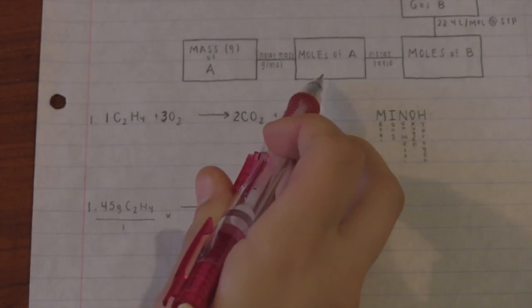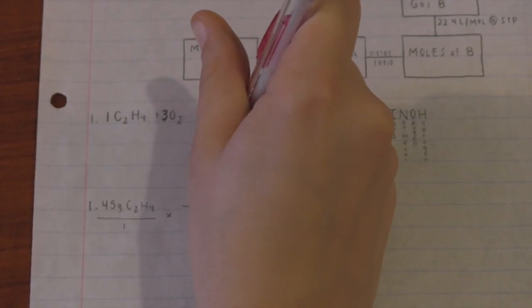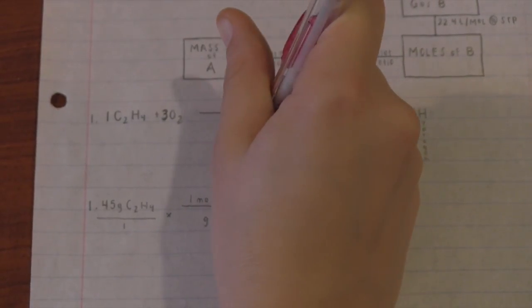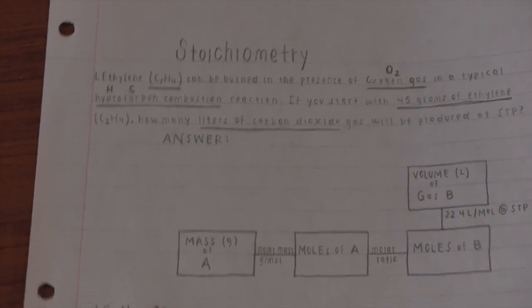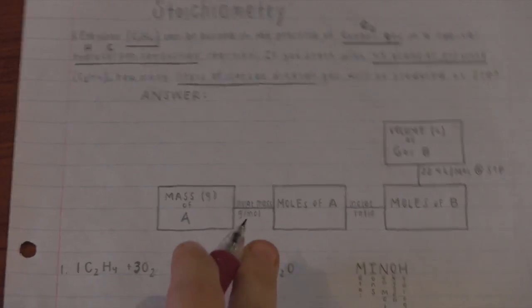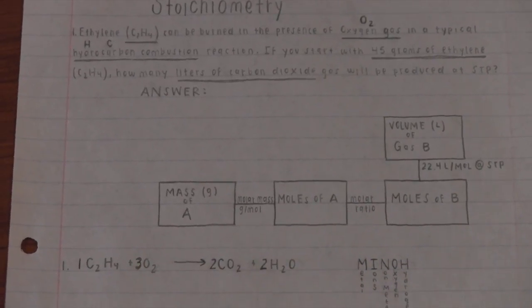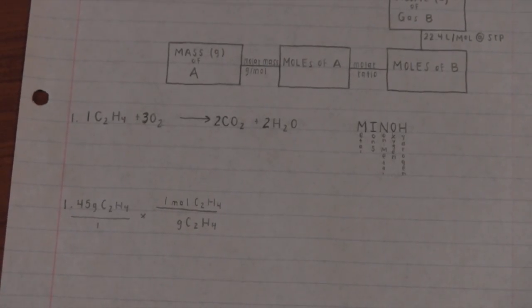And since you need to get to moles, 1 mole of C2H4 will go on top. So in order to get from grams to moles, you want to use the molar mass. Molar mass is used with the mass on the periodic table.